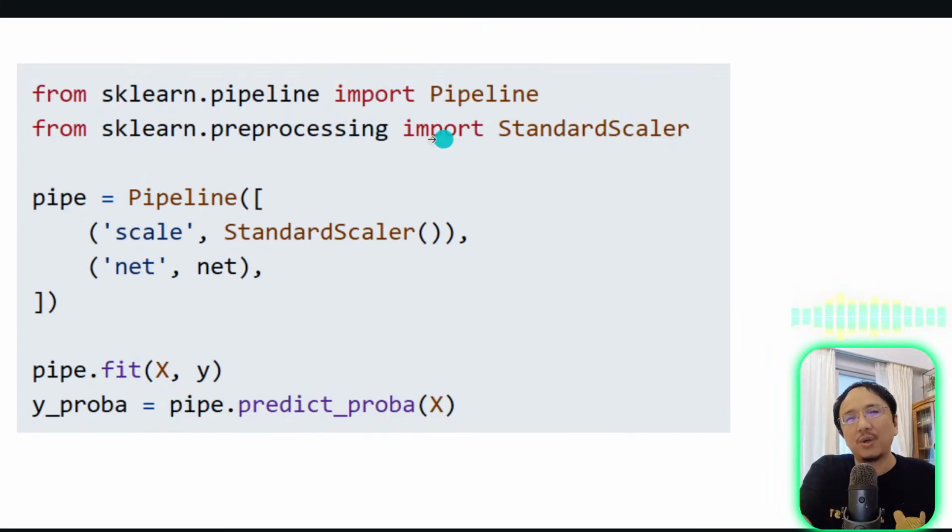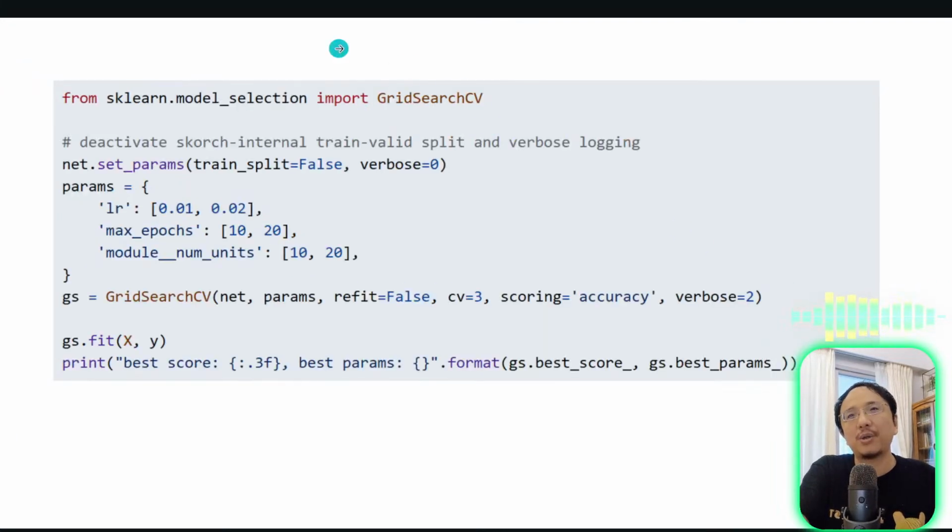One benefit of Skorch is that it can integrate with the scikit-learn pipeline. Just as a remark, scikit-learn has a pipeline feature where you combine different things into one pipeline. And also you can use the grid search functionality in scikit-learn on the PyTorch model, which is interesting.